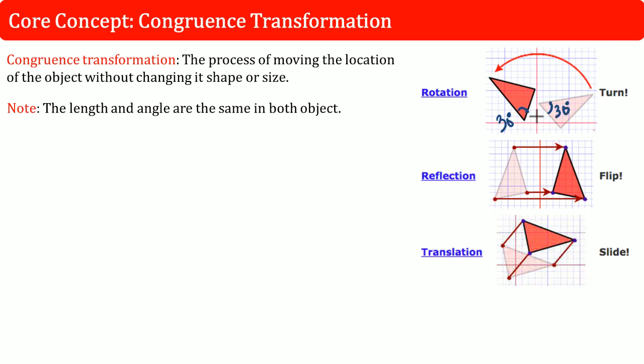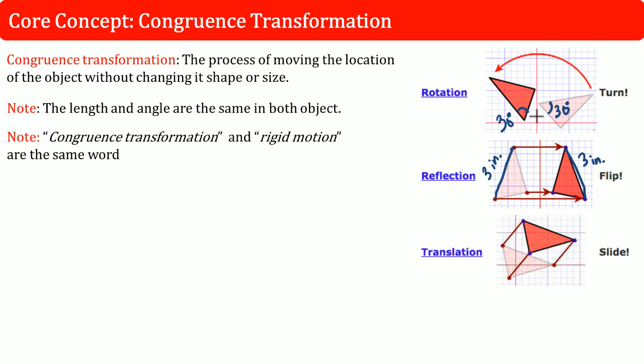Likewise, we can say if this side was 3 inches, when it reflects, this was also 3 inches. Notice that the angle does not change during the transformation. The length does not change in the transformation. The only thing that changes is its location.